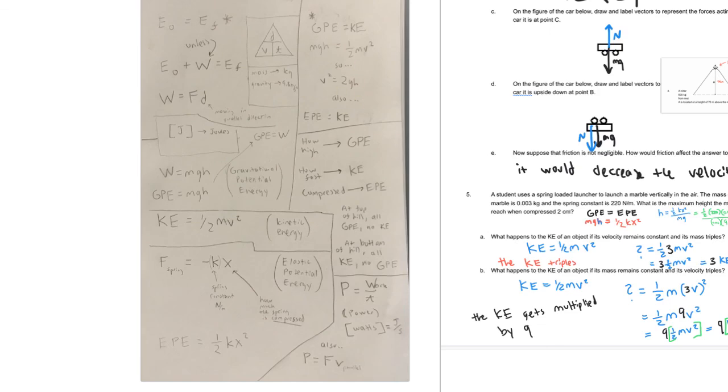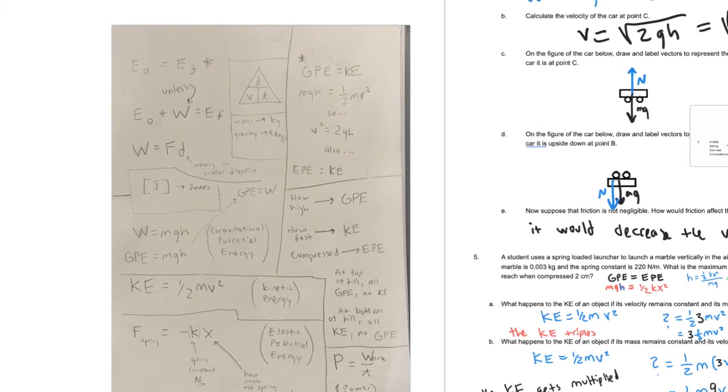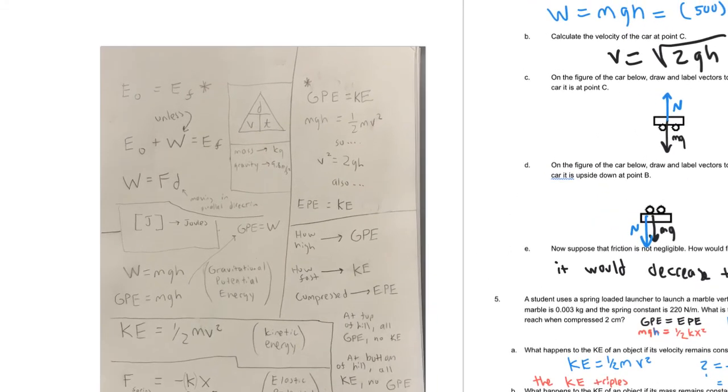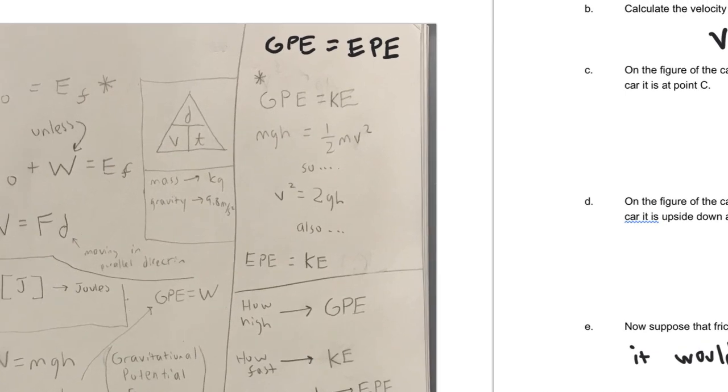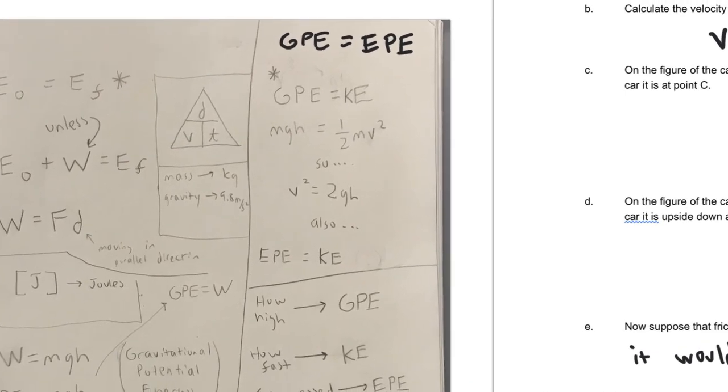Okay. And I would even add the following. I would make sure that it's also clear that GPE equals EPE, and I would also make it clear that because of this, it's true that velocity would equal the square root of 2 times g times h.